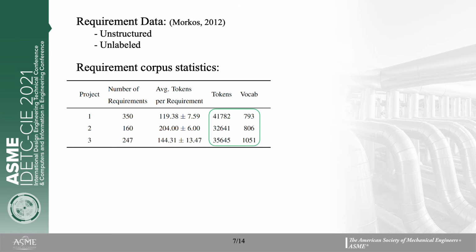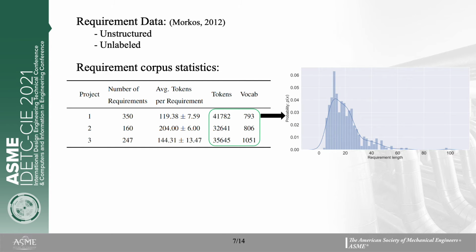Since each project shares and uses many repetitive words, you can see a huge reduction from the number of tokens to the vocabularies. We also fit the kernel density function and plot the estimated PDF over the data. The likelihood of sentence length is around 11 for project 1.